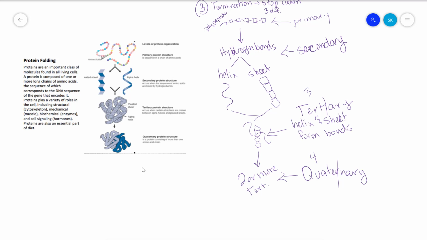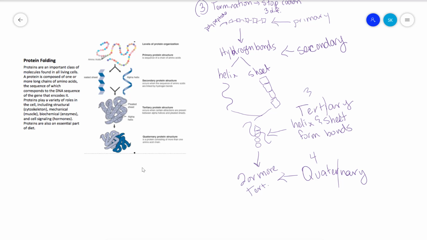Now, why do I tell you all of this? First of all, I tell you all of this to tell you that translation only makes a polypeptide chain, not an actual functioning protein. A functioning protein is created once the amino acids all interact with each other to form different shapes, all right?